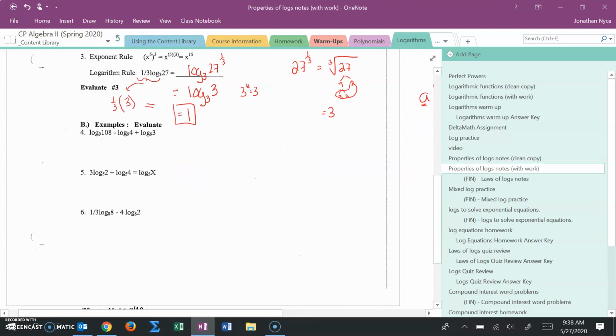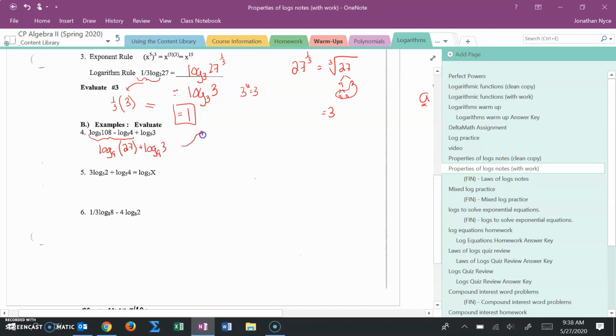So we can put several of these properties together in one problem. And when you're doing these, make sure you use your order of operations. So adding and subtracting, do left to right. Since we're subtracting, we can divide: log base 9 of 108 divided by 4 is 27, plus log base 9 of 3.